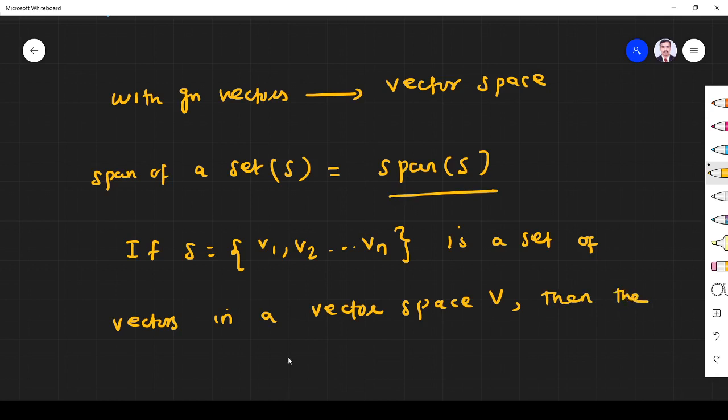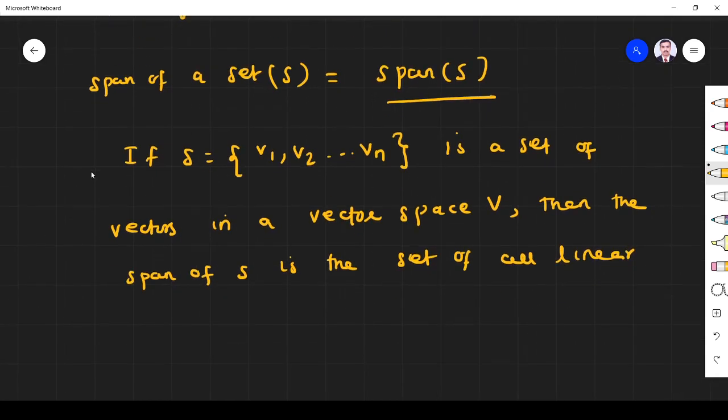The span of S is the set of all linear combinations of vectors in S.